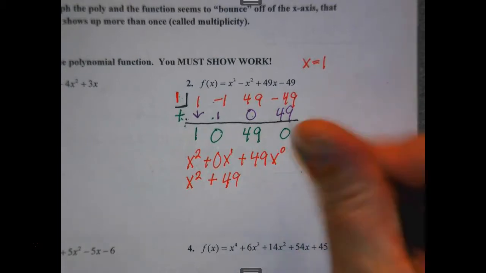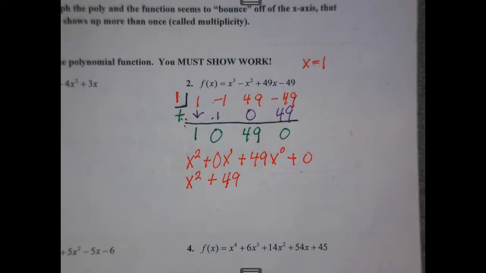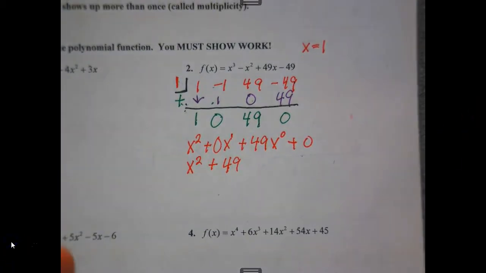Well, if you want a plus 0, that's fine. It still comes out to x squared plus 49.